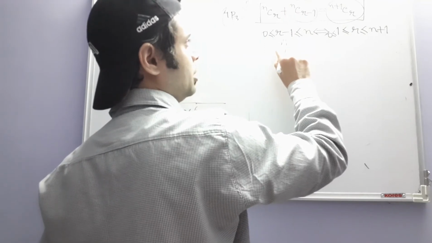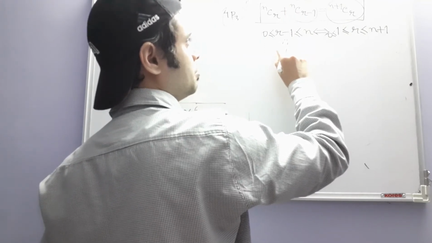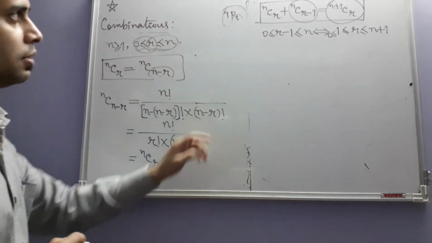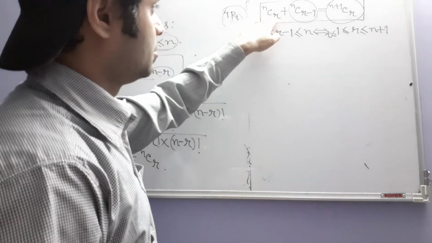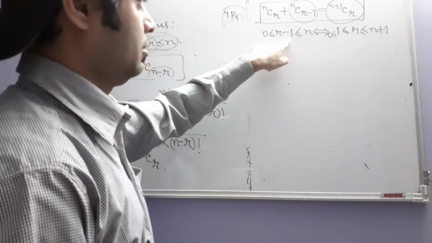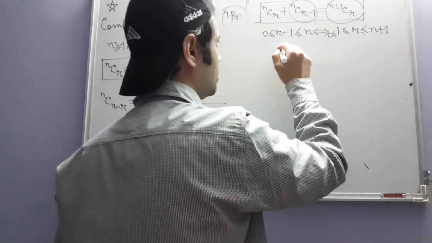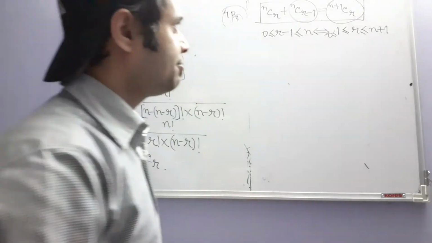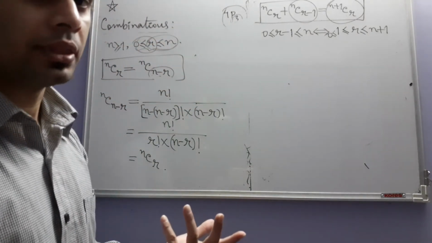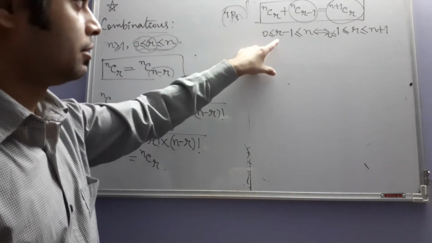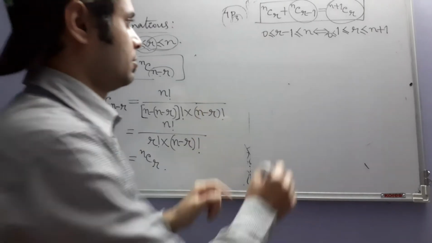What about this one? R has to be less than or equal to n. Okay. If r becomes n plus 1, that fear is there. That has to be taken care of.